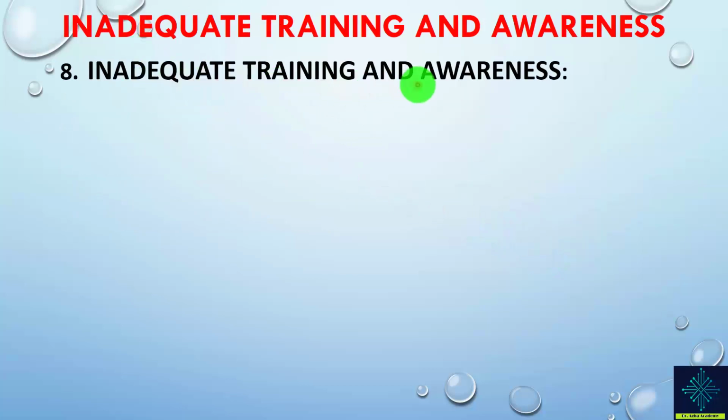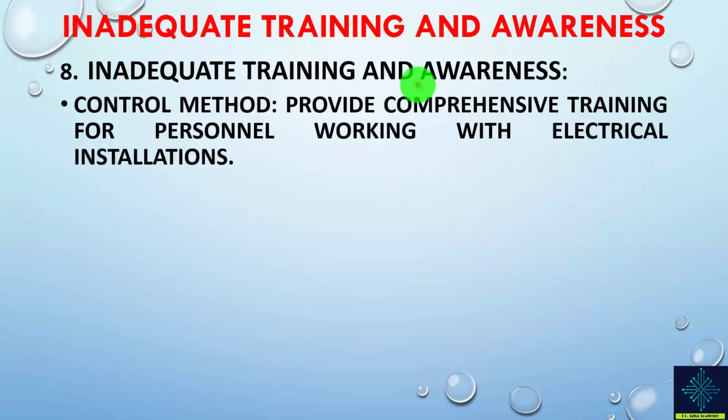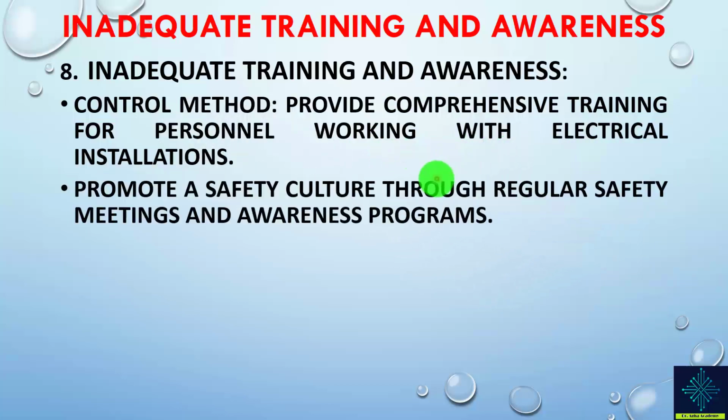Inadequate training and awareness is also a serious hazard, and we have to control such a hazard by providing comprehensive training for personnel working with electrical installations, and also promote a safety culture through regular safety meetings and awareness programs.